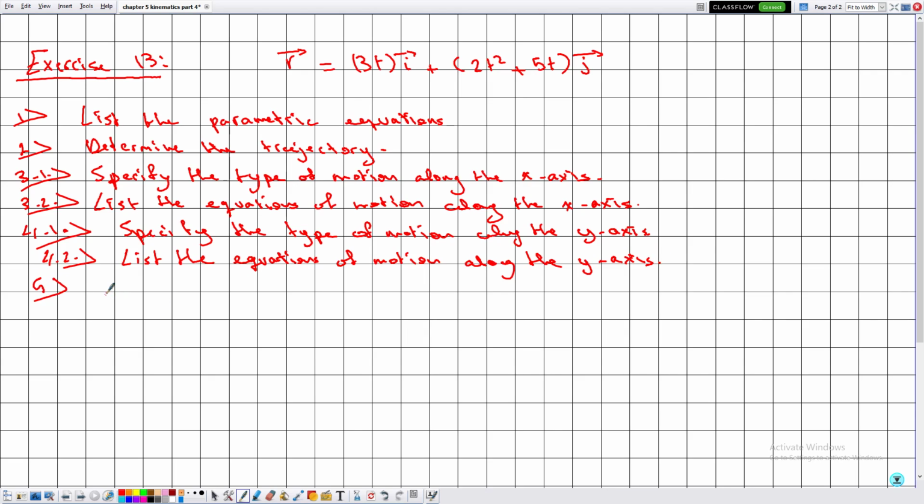Part 5, determine the velocity vector v as function of time. Then deduce the speed as function of time.